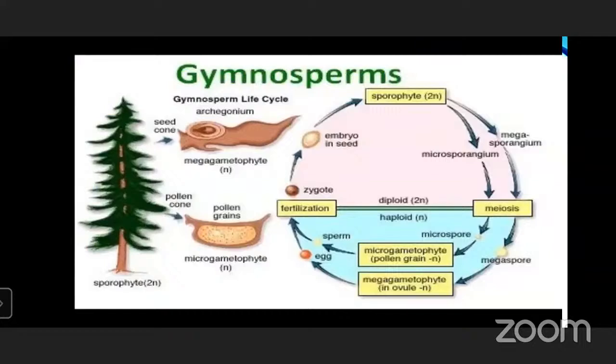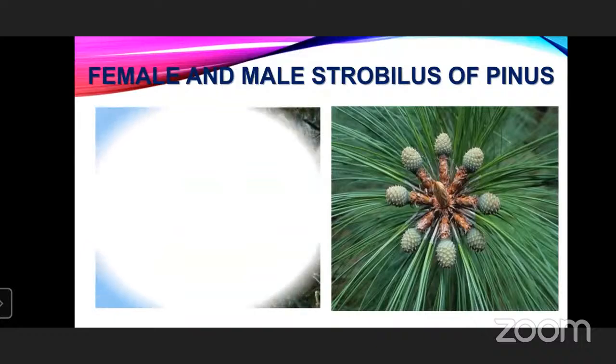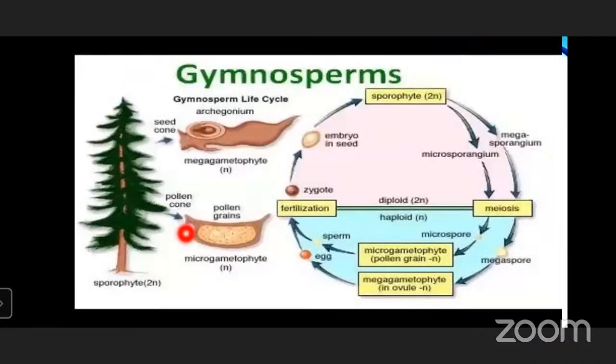So when we observe the life cycle in the gymnosperms, especially in Pinus, this is the plant body of Pinus, and that plant body is present in the form of a diploid sporophyte. Diploid condition is indicated with 2n. 2n means two sets of chromosomes are present inside the nucleus. That condition is called diploid condition.